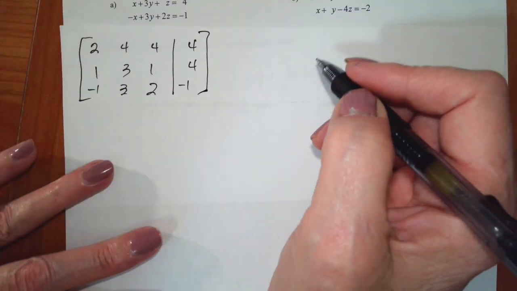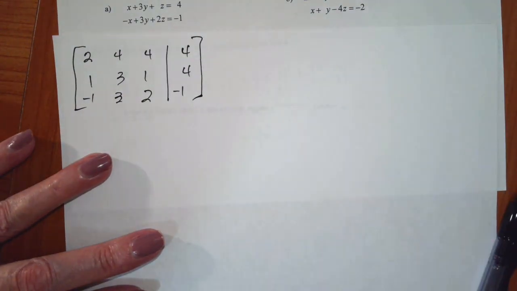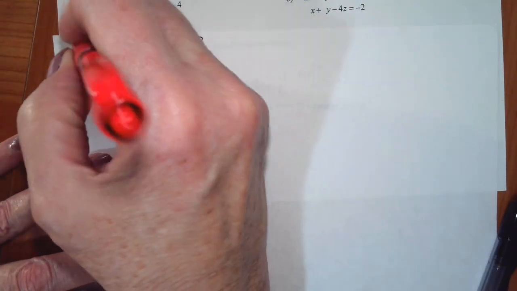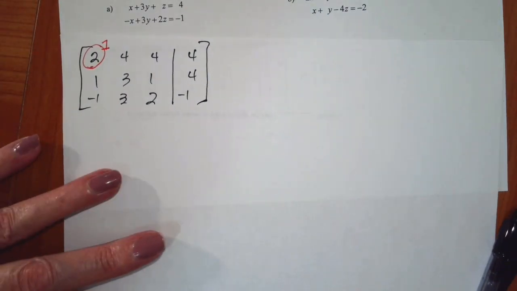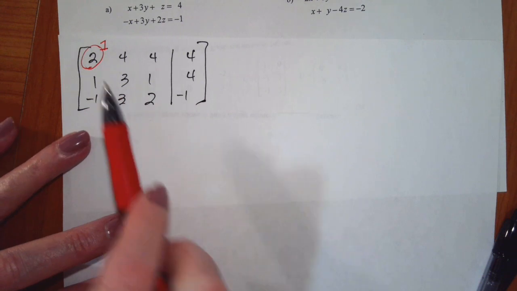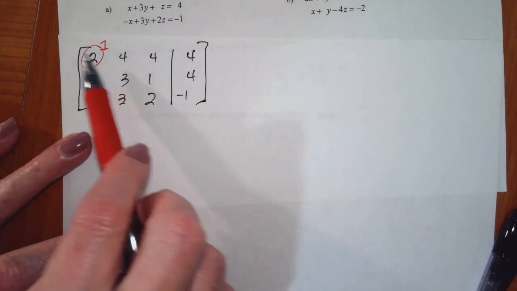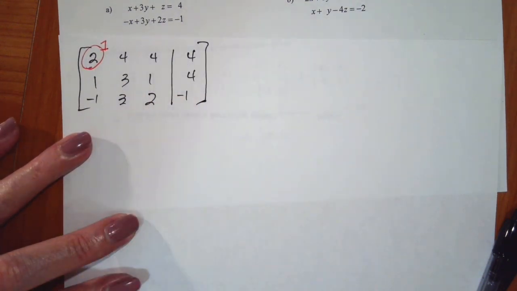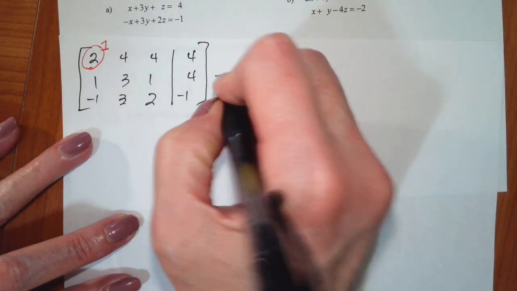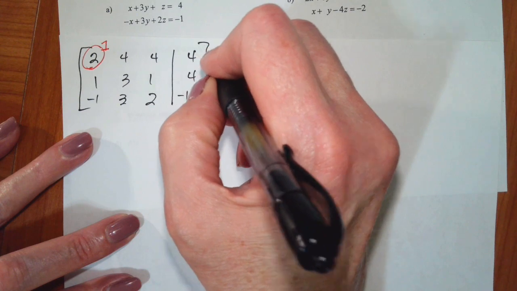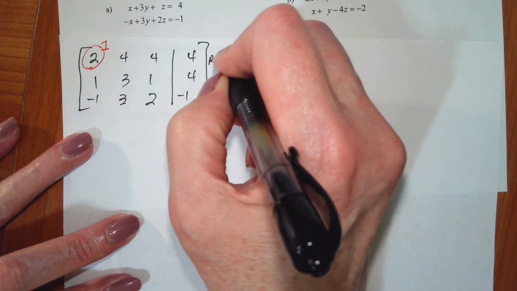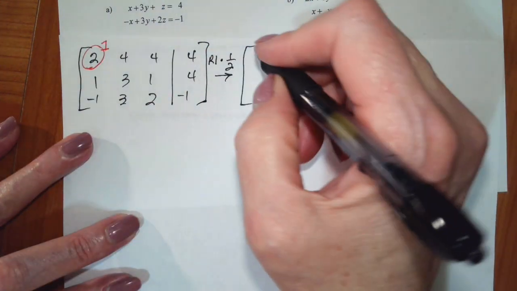Okay, I want to start by making this a 1. That's the first thing I do. There are all kinds of different ways to do this, but I see these are all even numbers, so if I take row 1 times 1/2, this will turn into a 1.